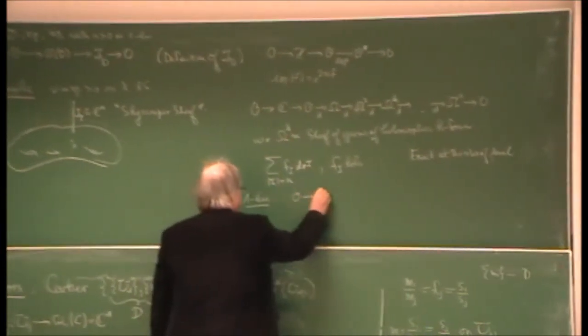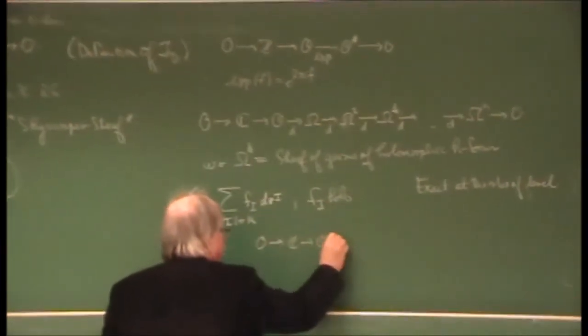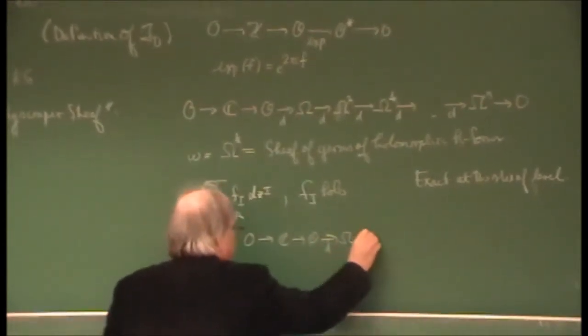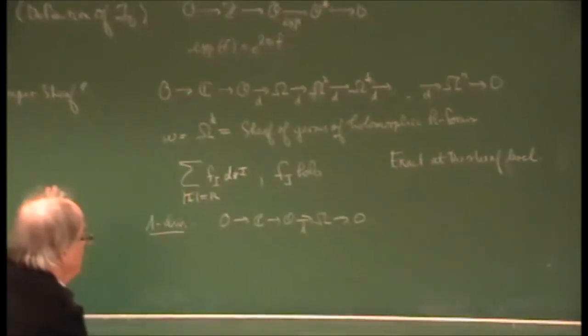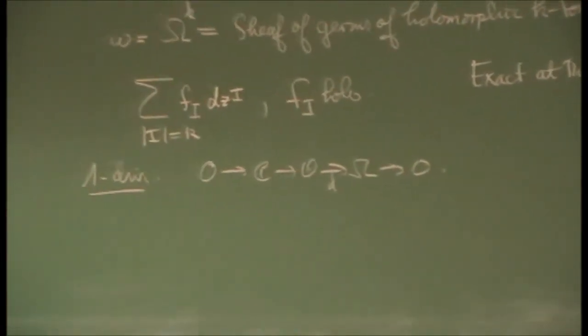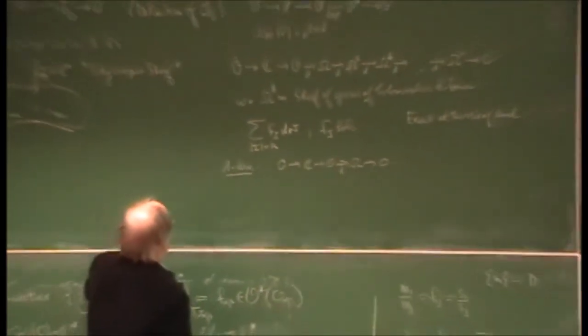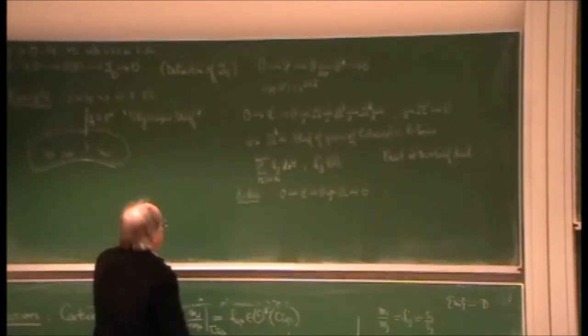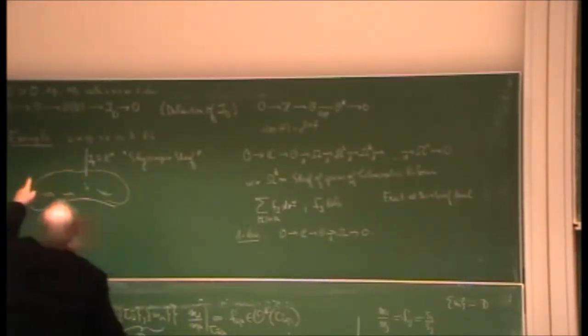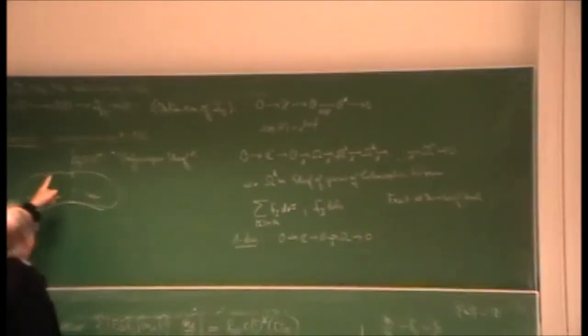This is very important. You just have this short exact sequence. So let's see how many, I promised myself I would give you a lot of examples. So this is fundamental from the point of view of divisors.